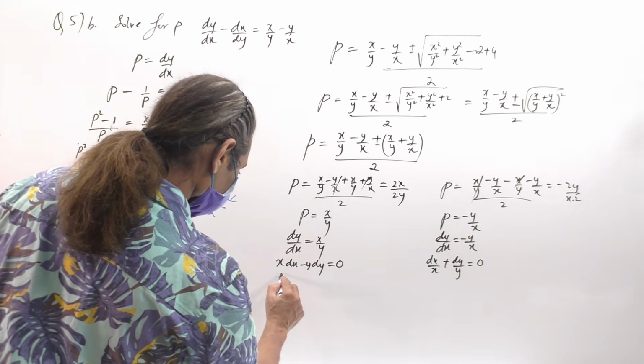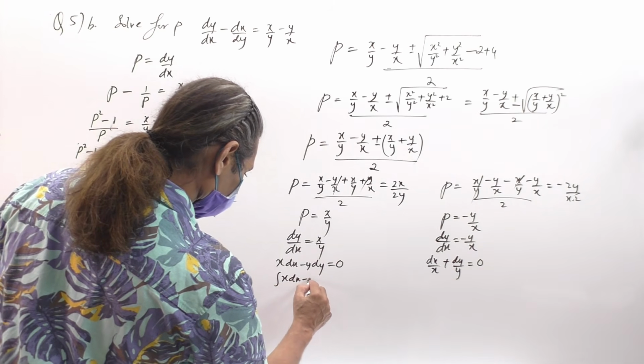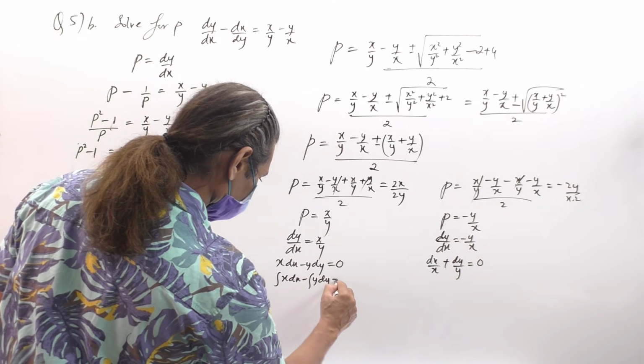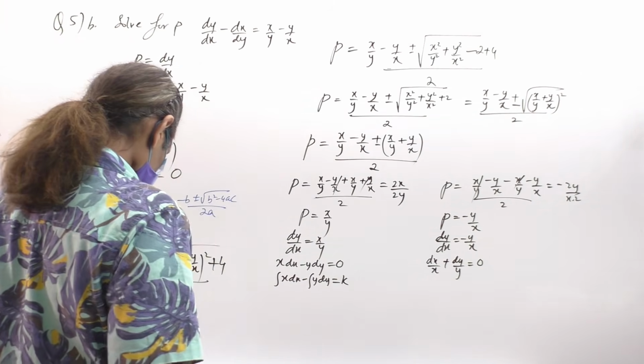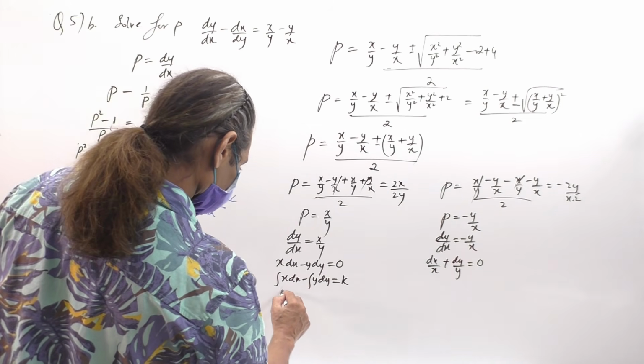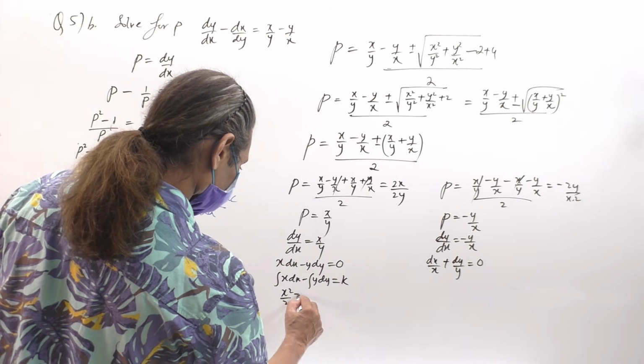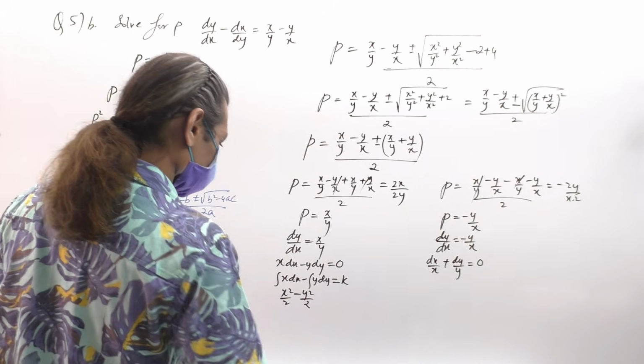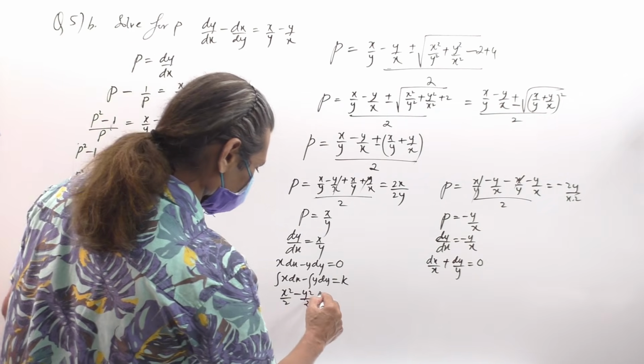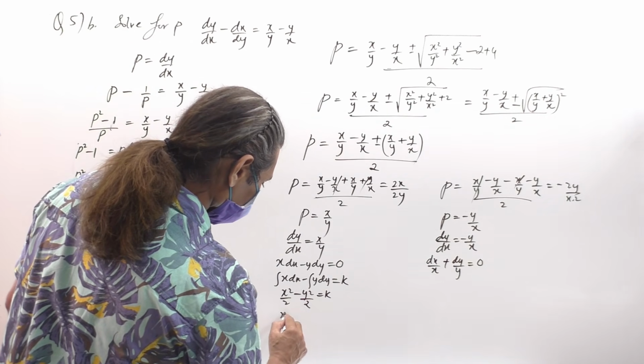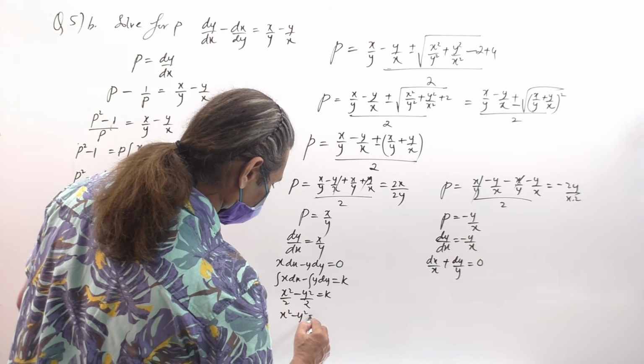So the solution here is integration of x dx minus integration of y dy is equal to, take it as say k. And our solution is x square by 2 minus y square by 2 is equal to k, or x square minus y square is equal to 2k.